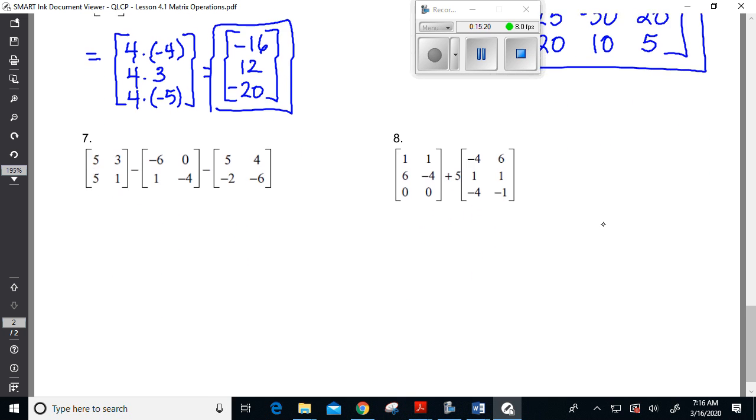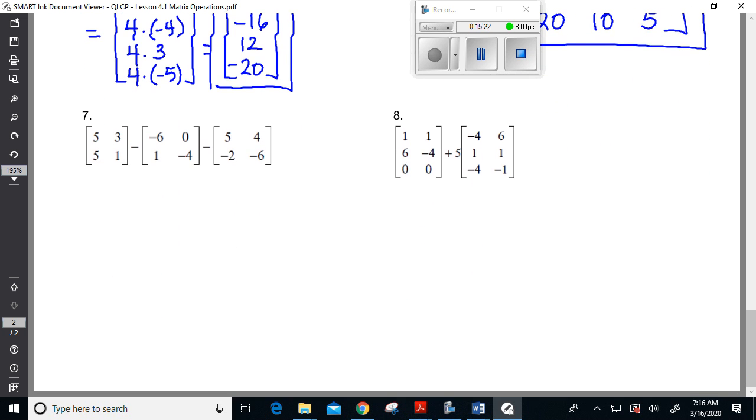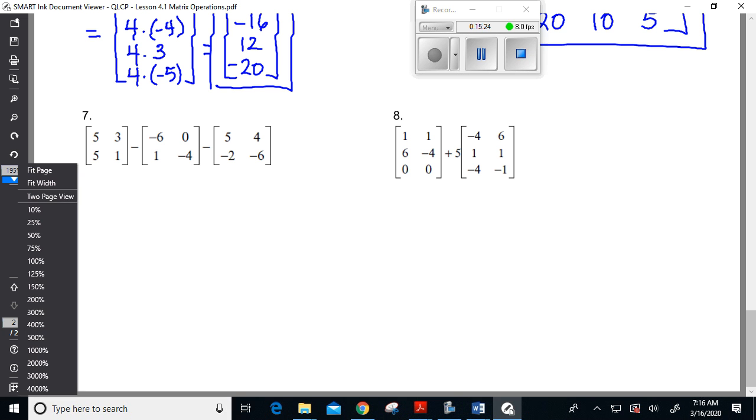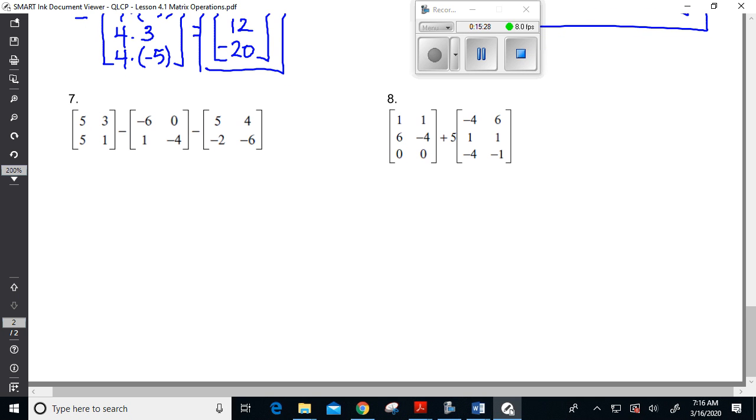So 7 and 8 are both problems that involve multiple operations. One key thing to keep in mind here, first off for problem 7, as it'll show up like this on your note sheet, first one is a minus and the second one was a plus, just so that there were two different operations.